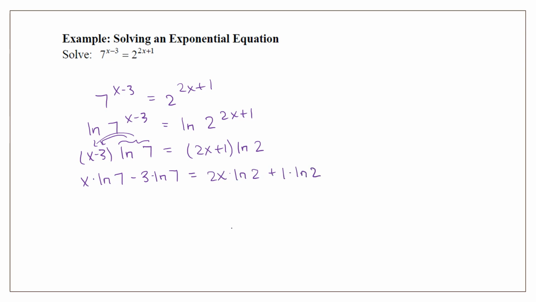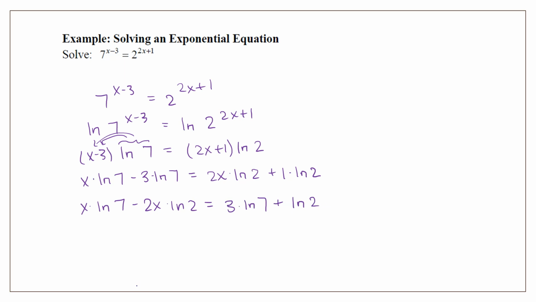Now I want to move all the terms that contain an x on one side and all the terms that do not have an x on the other side. So I'll have x times the natural log of 7 minus 2x times the natural log of 2 equals 3 times the natural log of 7 plus the natural log of 2.